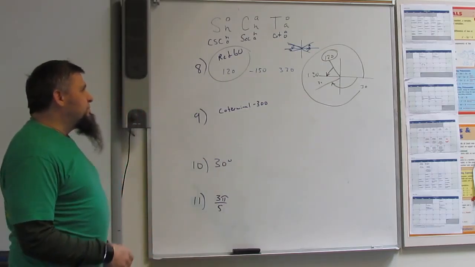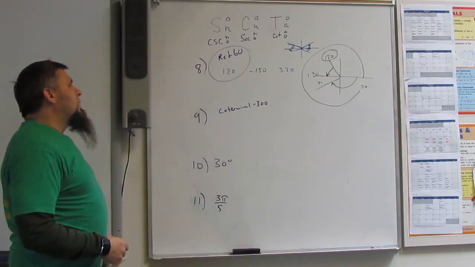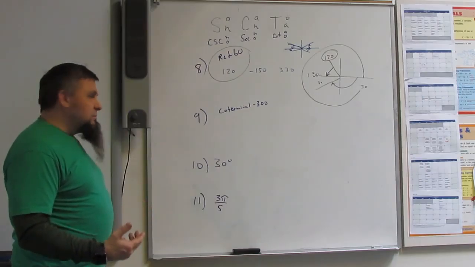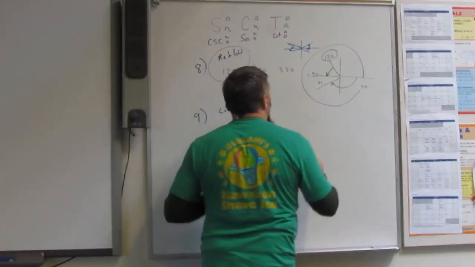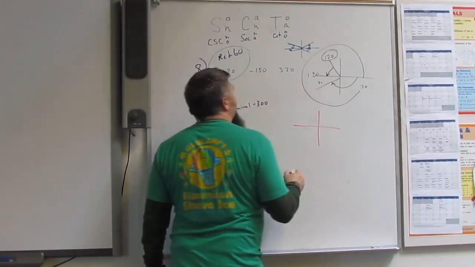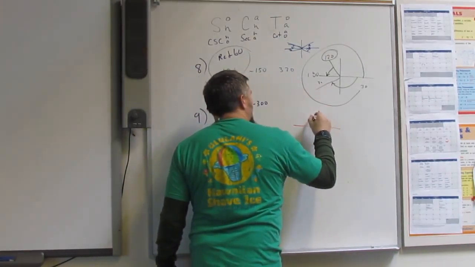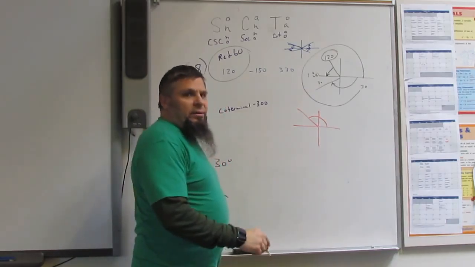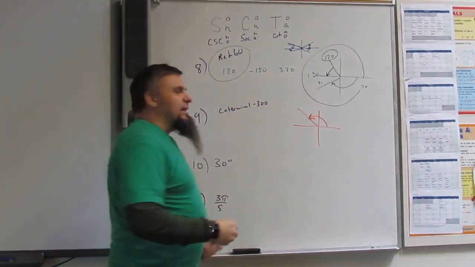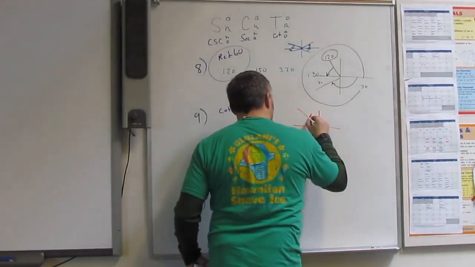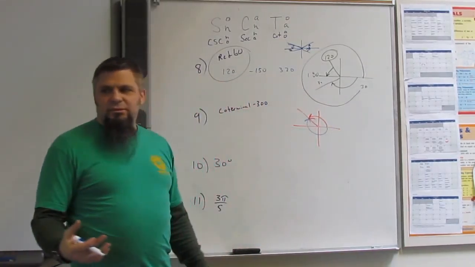Okay, now the next thing is coterminal. To be coterminal means that if you have some angle, coterminal is the rest of the angle to create the circle.